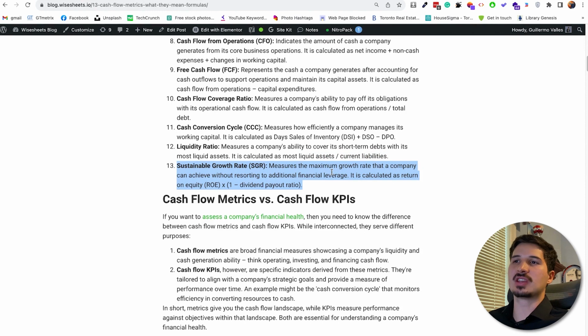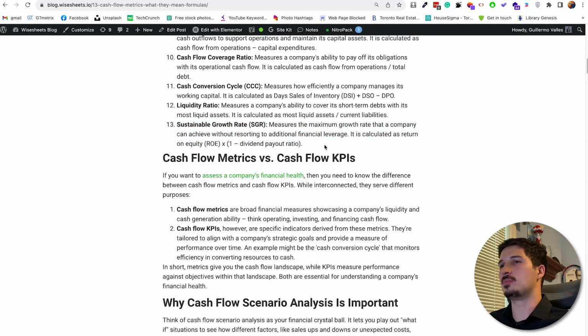Next up, we have the sustainable growth rate. And this is a really important number. I remember learning this in my finance class a long time ago. This basically allows you to measure the maximum growth rate that a company can achieve without taking on financial leverage, otherwise known as debt or basically loans.